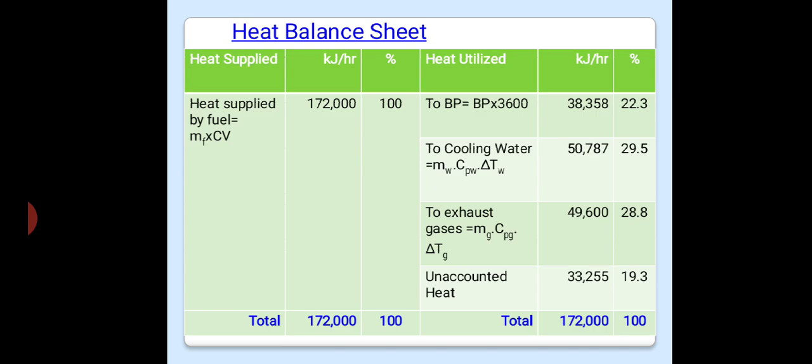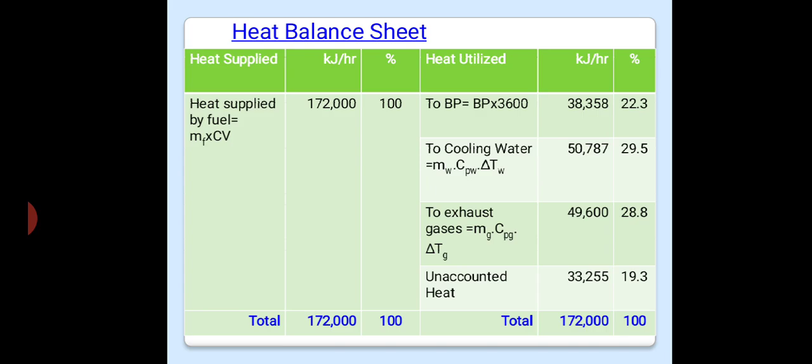Next, second, to cooling water, which is m_w C_pw into delta T, which we got 50,787, which is by percentage 29.5. Next, third, to exhaust gases m_g c_pg delta T_g, we got 49,600 kilojoule per hour, so by percentage 28.8.